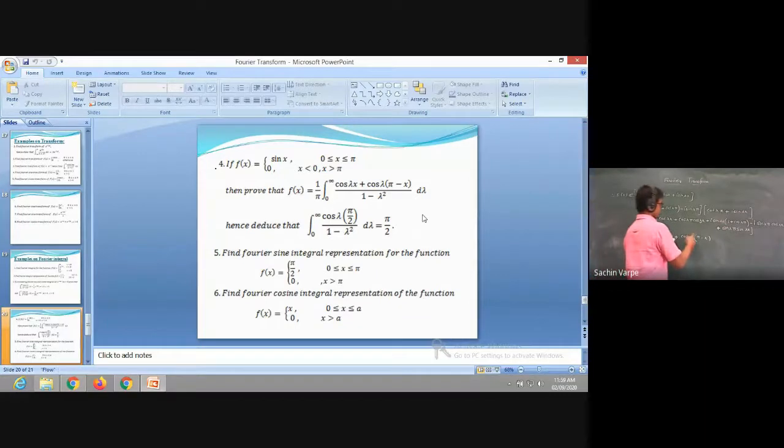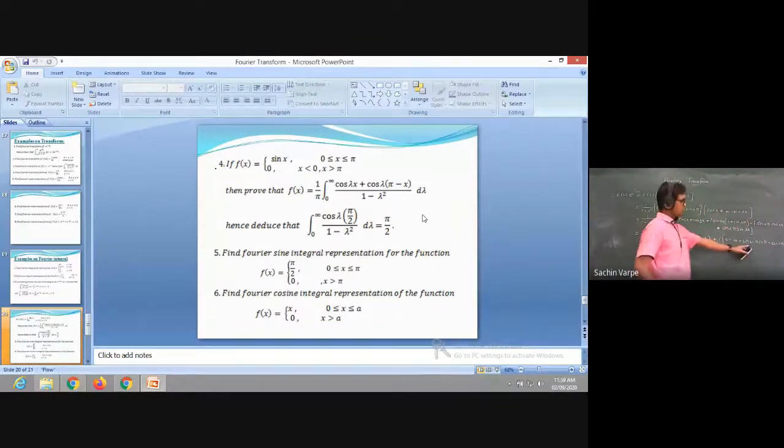Anyways, these two terms we have merged, and I can combine these two by taking i common. So plus i times sine of lambda x cos of lambda pi minus sine lambda pi cos lambda x.